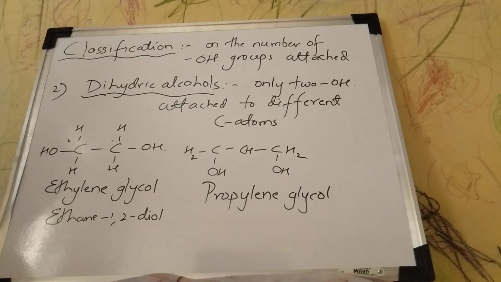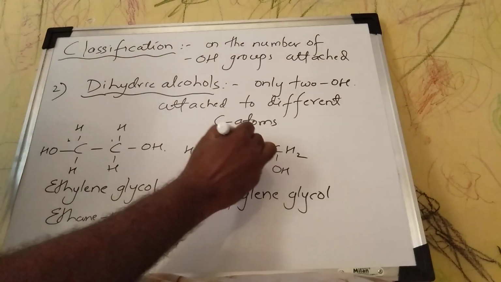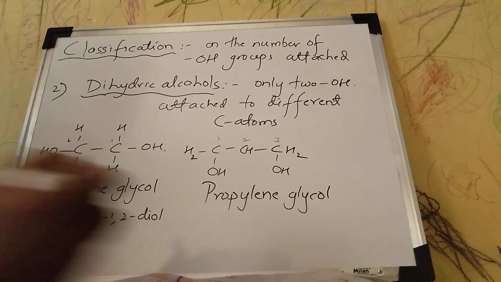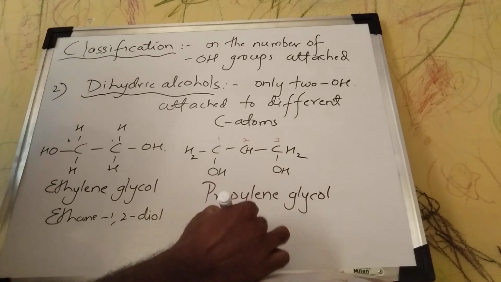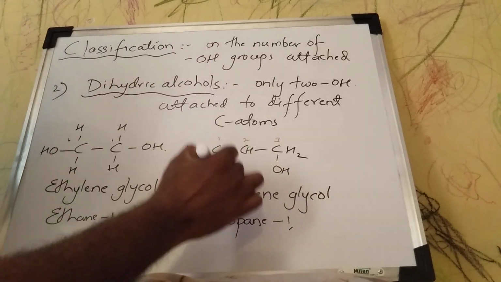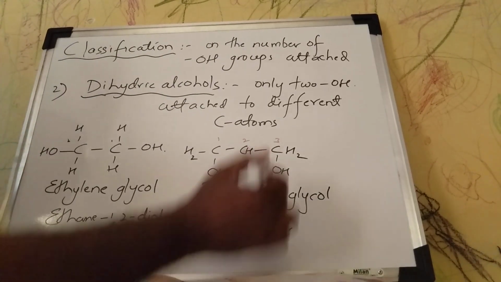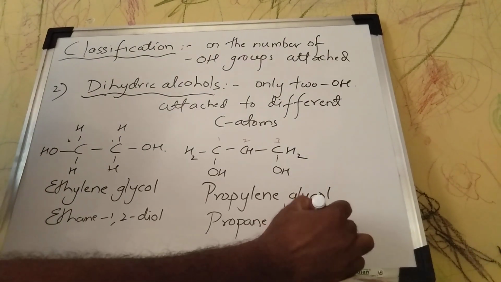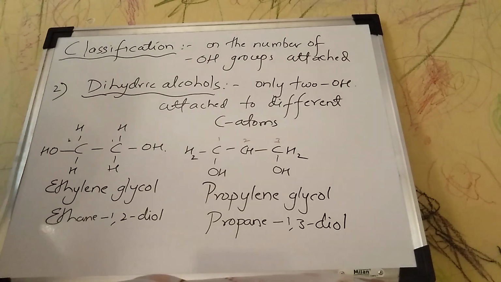Now the IUPAC name for this goes out to be: three carbon atoms means propane-1, the first OH group is attached to the first carbon atom and the second is attached to the third, 1,3-diol.